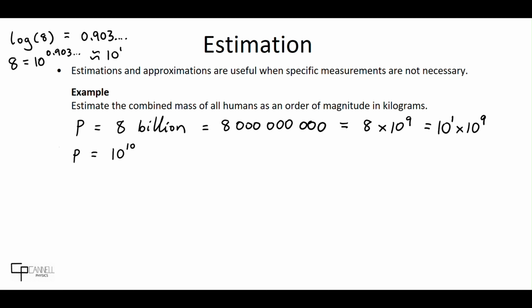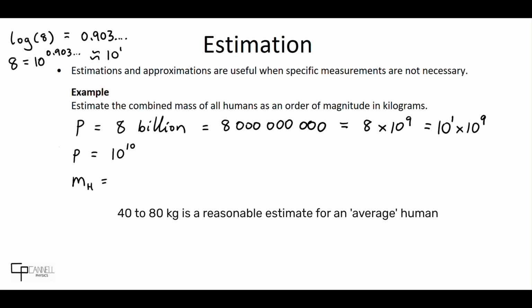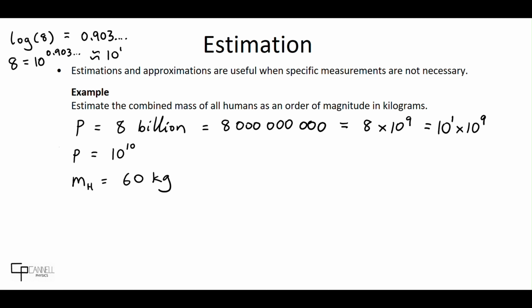So now that we have an approximation for the total number of people, we need to make a reasonable estimate for the mass of a human. And this will obviously have a range of acceptable answers, but I'm going to go with around 60 kilograms. So now we need to rewrite 60 as a power of 10, because we're asked to get the order of magnitude as the final answer.